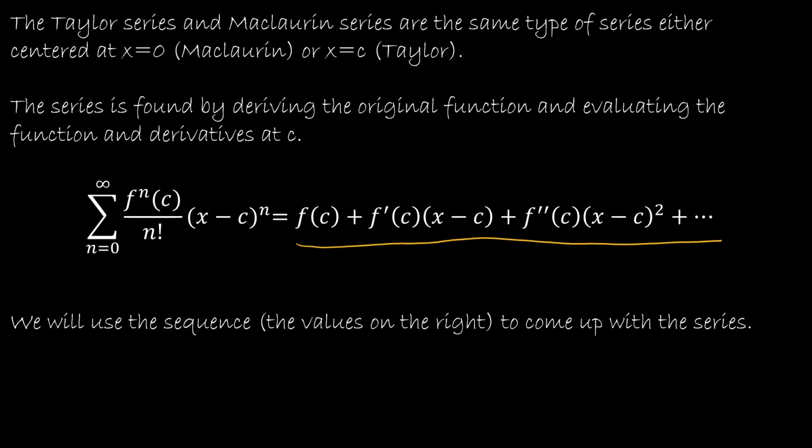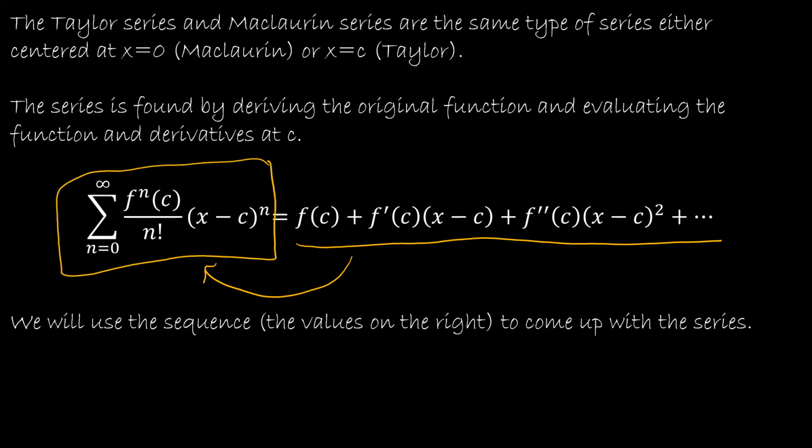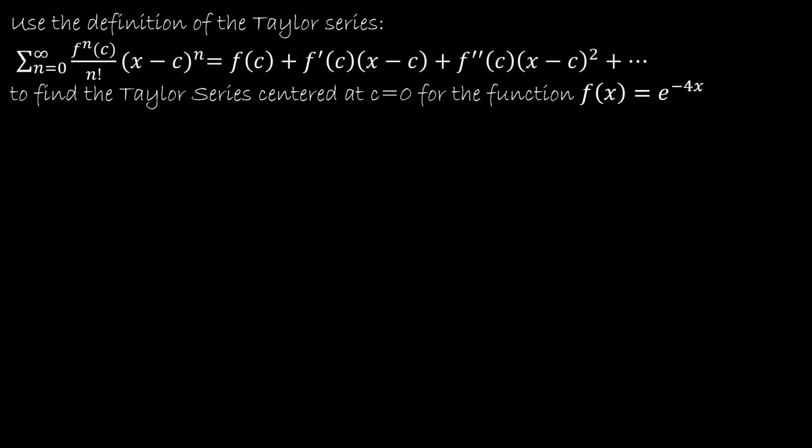And we're going to use that to come up with a pattern so that we can then write it as a series. So we're going to write it as a summation as we have been doing, but this is sort of going backwards. We're going to use the values that we come up with to find the pattern to come up with the series.